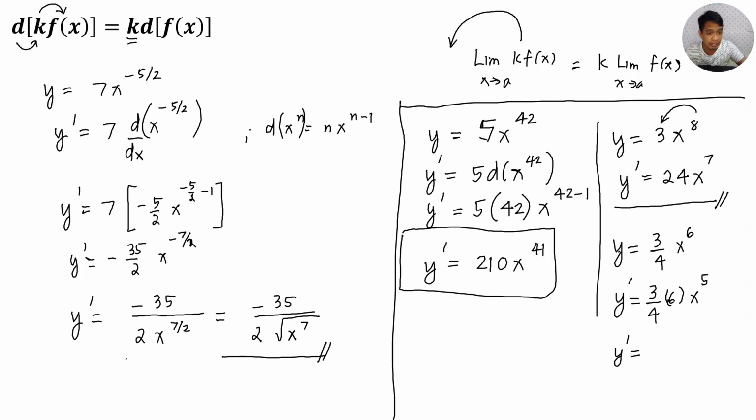Because you already differentiated, so dapat hindi na siya equal sa y, dapat meron na tayong prime. So this is 6. That cancels out. May 2, may 3 sa taas. So it becomes 9 halves x raised to the 5th power. So again, basically, you multiply the exponent sa ating constant and then subtract 1 from our exponent.